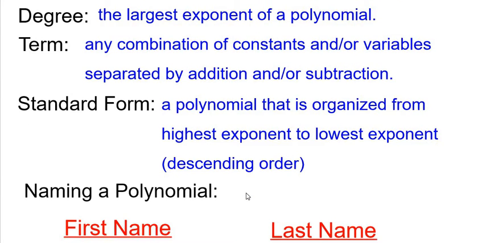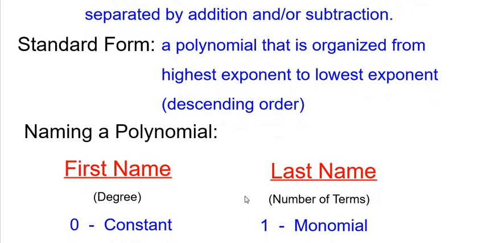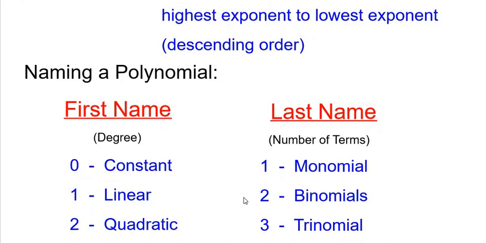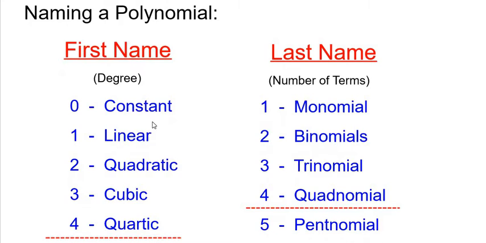So how do we name that polynomial? A polynomial is named first by its degree. You can see in this list things you recognize like linear or quadratic, also cubic. There is quartic. If there is a 0 degree, we have a constant.